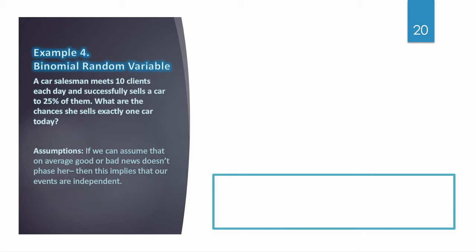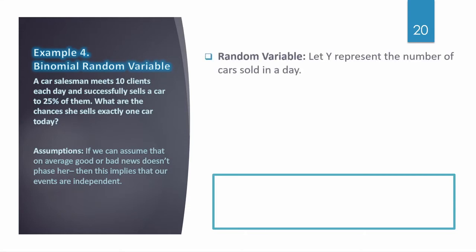If we can make the assumption that these are independent trials, meaning if she's had one bad sale, it doesn't impact the likelihood of her making a next sale, or if she had a really good day, it doesn't impact the likelihood that she makes sales the next day, then every single trial is independent of the other. And as long as they're independent, we'll be able to use the binomial random variable here with our basic rules on and or to solve this problem.